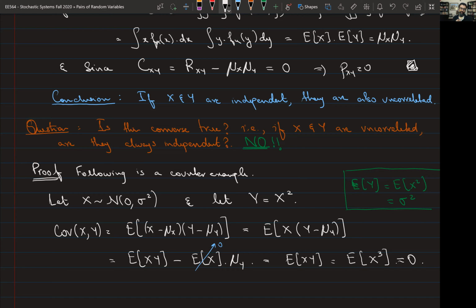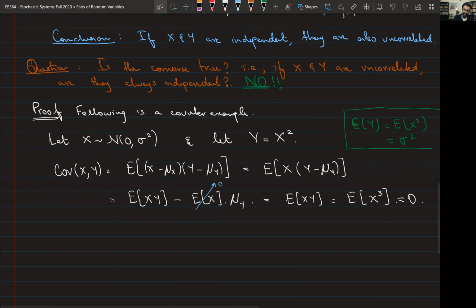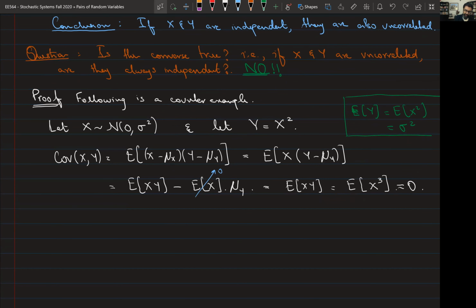And from here we conclude that for these two random variables, the covariance turns out to be 0. That means they're uncorrelated, right? So you found a counterexample of two random variables that are dependent on each other, yet they are uncorrelated. And that's a proof that uncorrelatedness does not always imply independence.